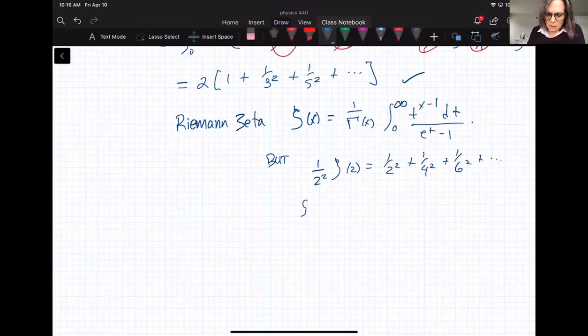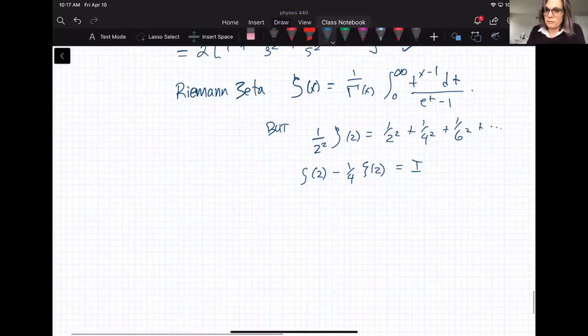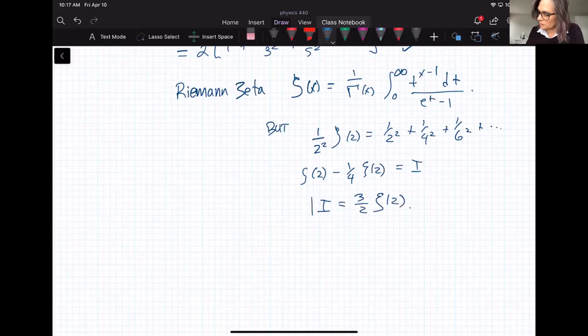And so zeta of 2 minus 1/4 of zeta of 2 actually turns out to be our integral that we started with. So if we evaluate, basically we have 3/4, but we have another factor of 2, our integral becomes 3/2 of the zeta function, zeta of 2.